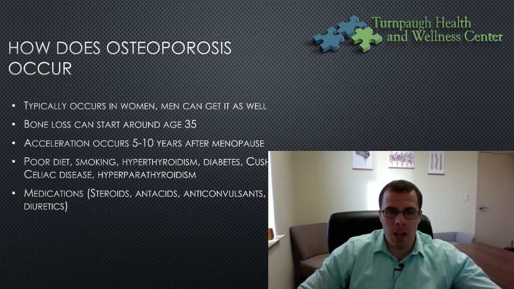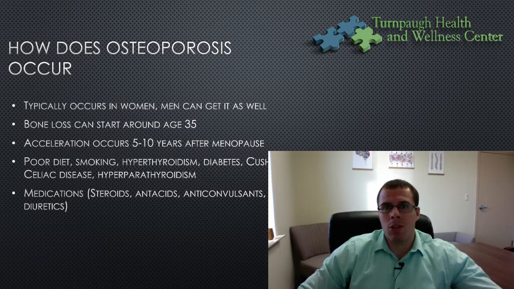These are all conditions that would increase your risk of osteoporosis. So if we do fall in one of those categories, we want to take extra attention in regards to the prevention of osteoporosis.